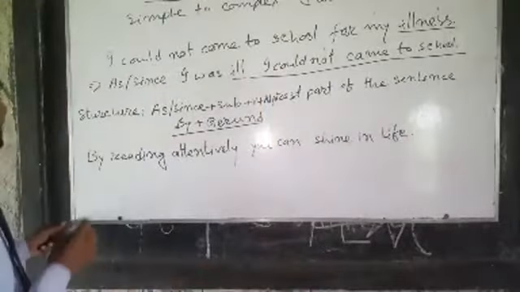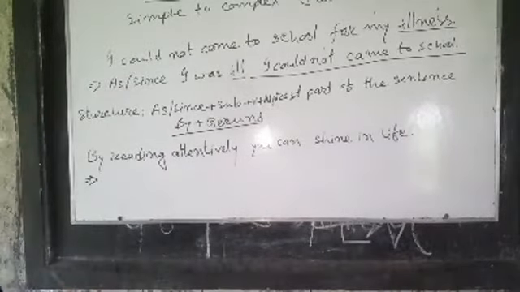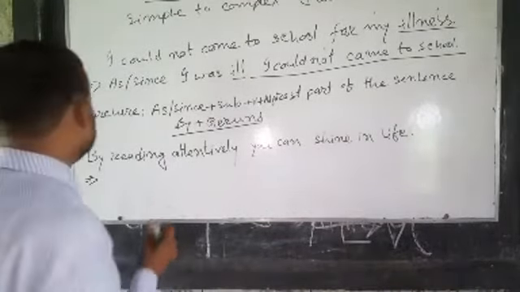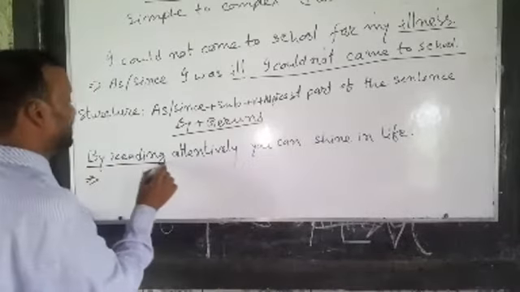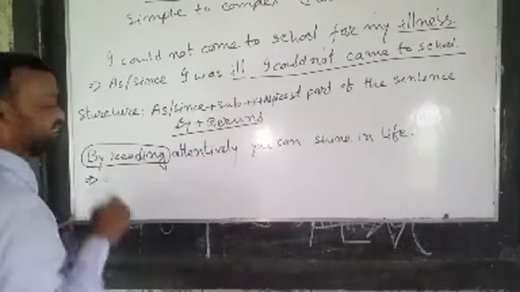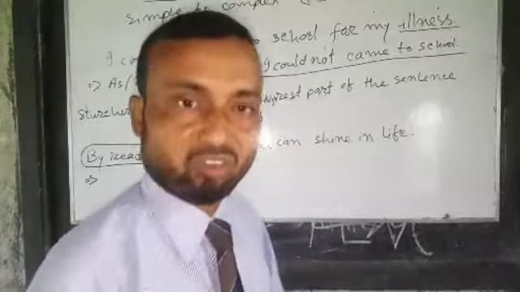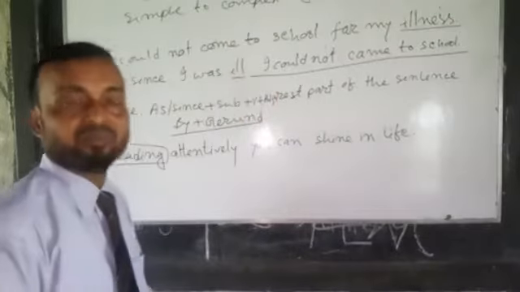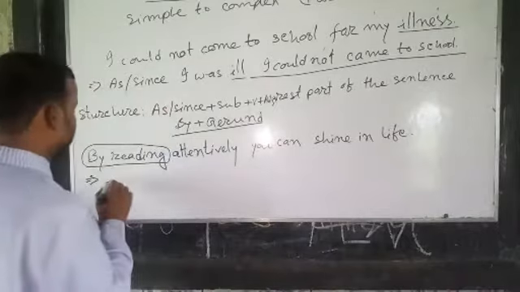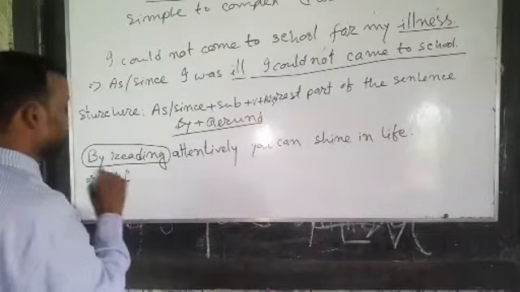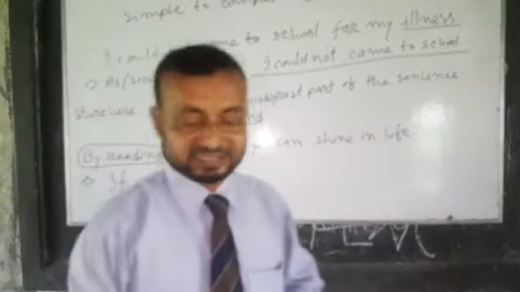My dear students, now if we change it into a complex sentence, what will be the result? If in any simple sentence there is a gerund, then in place of by plus gerund or without plus gerund, we have to use if. Can you understand?